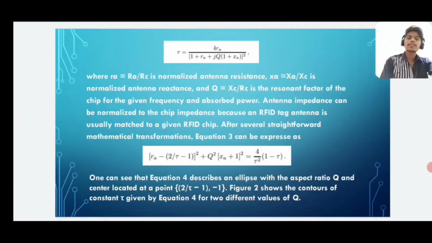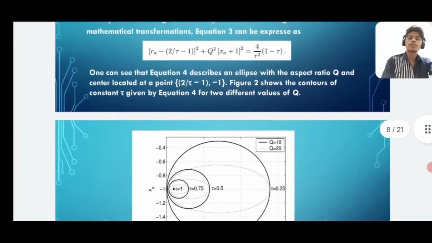So one can see that equation 4 describes an ellipse with the aspect ratio q and center located at a point. Figure 2 shows the contour of constant t given by equation 4 for two different values of q.